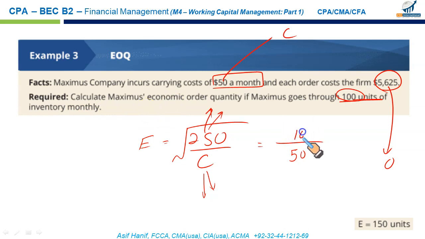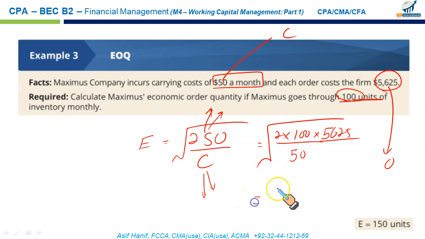That makes perfect sense. S is 100, C is 50, and your ordering cost is 5625. Multiply with the 2: 2 times 100 times 5625 upon 50, and if you take the square root of the value, this gives you 150 exactly, which you have here.